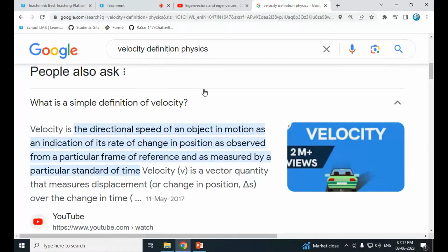Velocity is the directional speed of an object in motion, as an indication of its rate of change in position. Change in position, so there is a particular frame of reference. Obviously, a time reference.